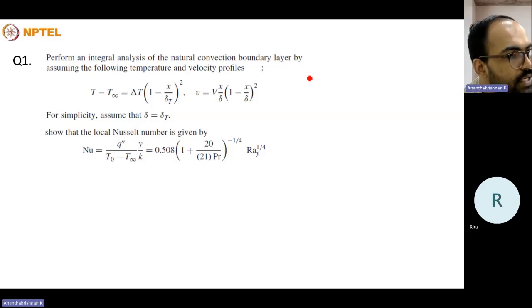In this case, if this is the vertical wall, this will be the y direction, and this will be the x direction.